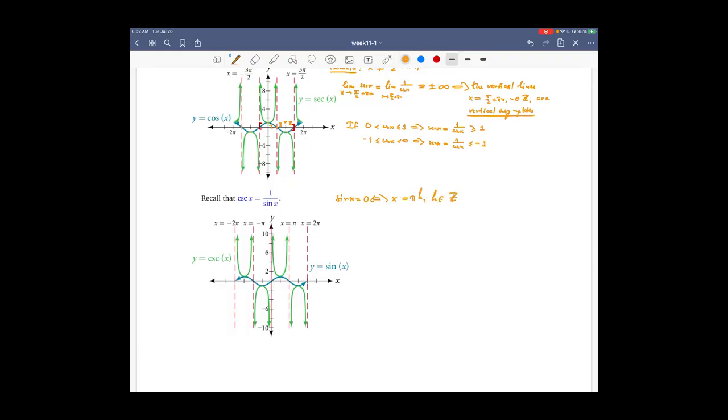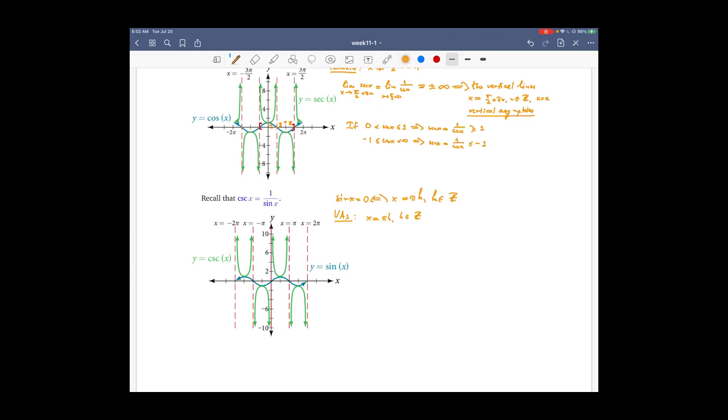So of course, these are points that are missing in the domain of cosecant. And moreover, these are vertical asymptotes. X equals pi k when k is an integer.